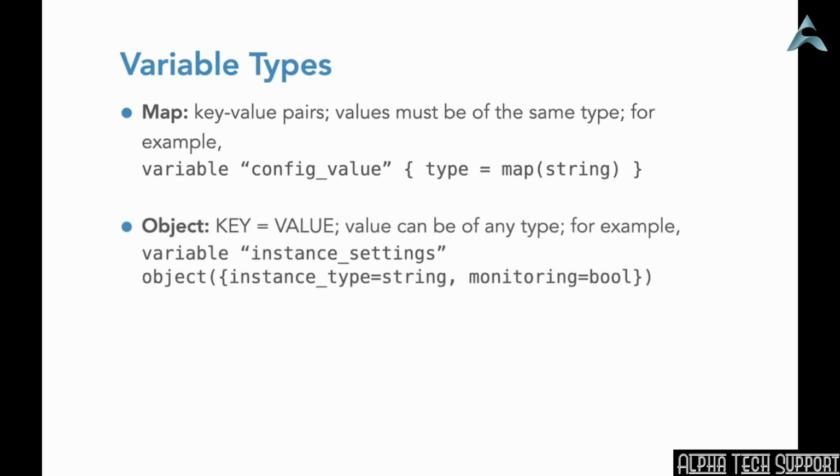The attributes can have different value types from each other. For example, here we have variable instance settings, and it's an object with 2 members. The first member is called instance type, and its value type is string, and the next one is monitoring, and its type is Boolean. We also have tuples. Tuples are similar to objects, but they have stricter type conversion rules. Throughout the course, we'll be sticking with objects. We won't be using tuples.